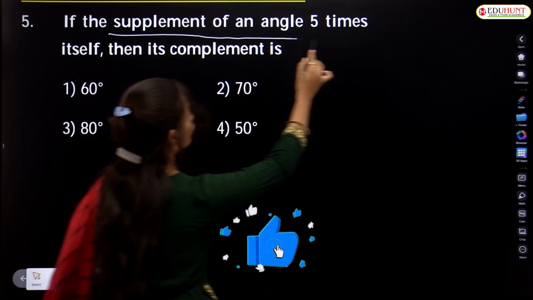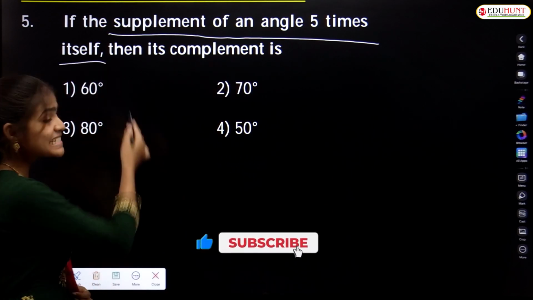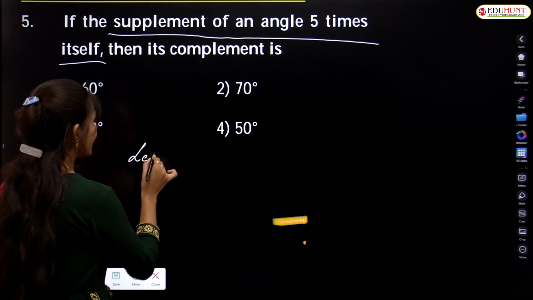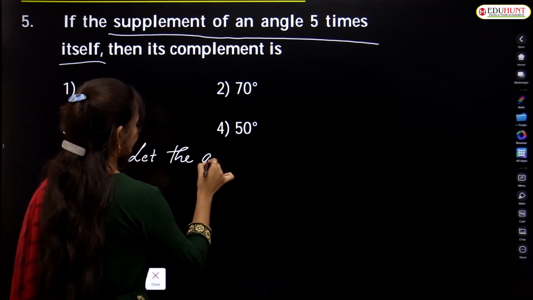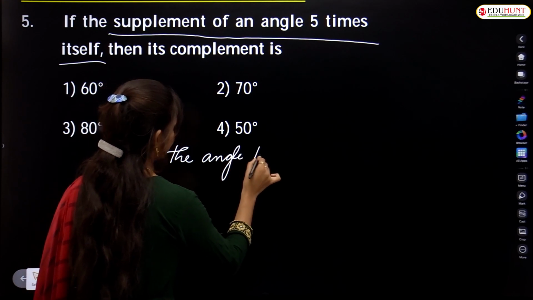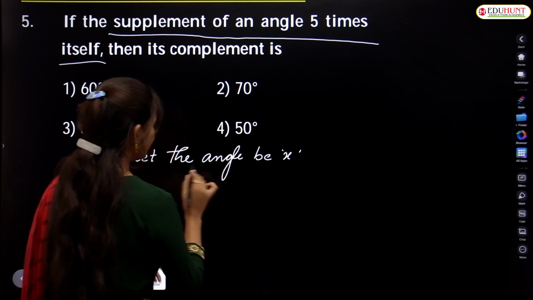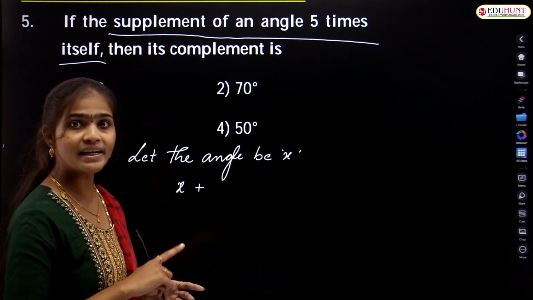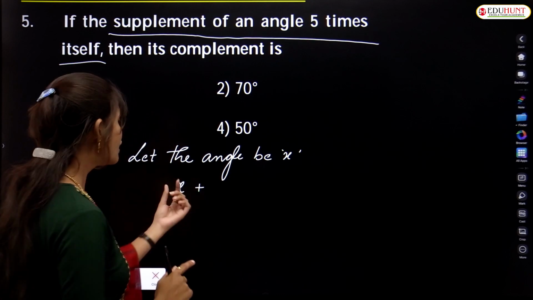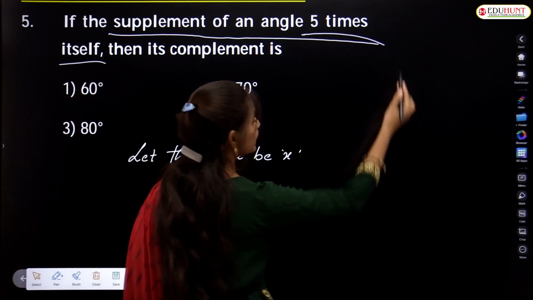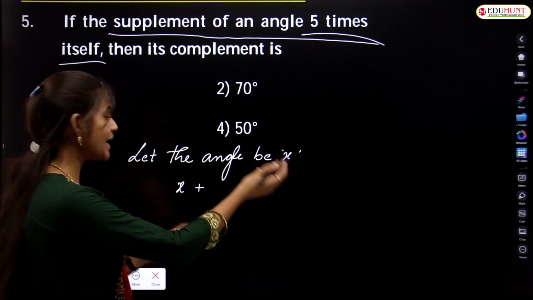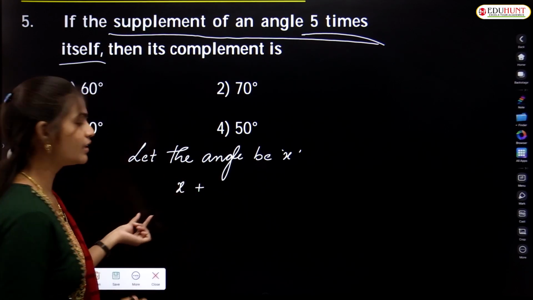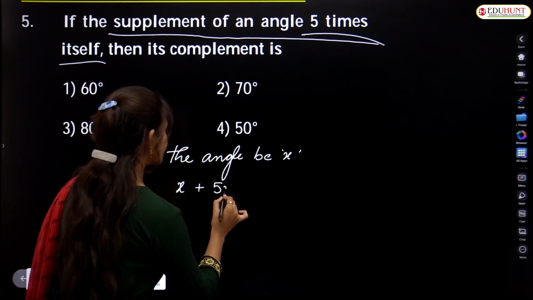If the supplement of an angle is 5 times itself, let the angle be some x. Two angles are there, and since they are supplements, those two are supplementary angles. So x plus the second angle, 5 times itself. 5 times means we need to multiply this angle with 5. Then we will get 5x.